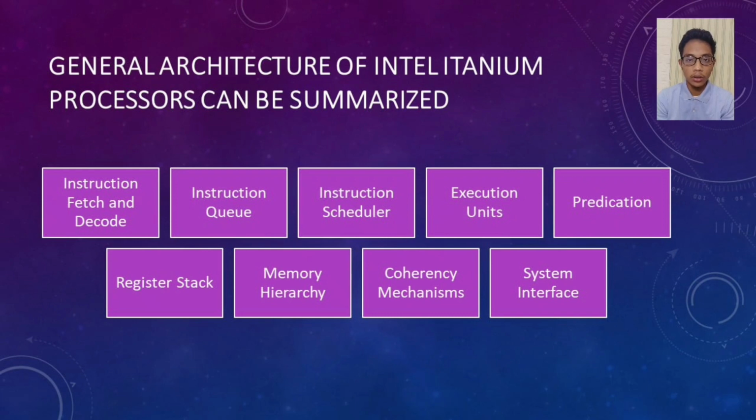The general architecture of Itanium can be summarized by 9 components, which are instruction fetch and decode, instruction queue, instruction scheduler, execution units, predication, register stack, memory hierarchy, coherency mechanism, and lastly the system interface.